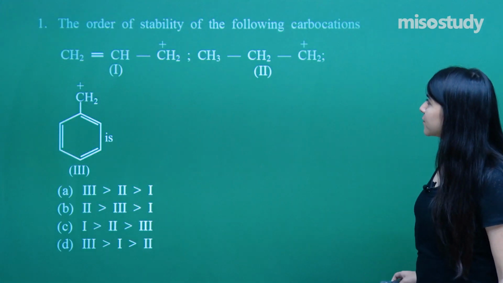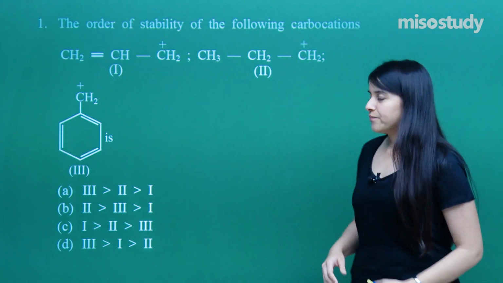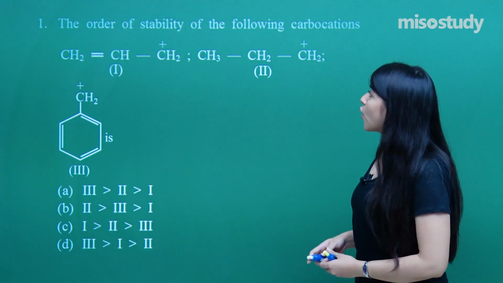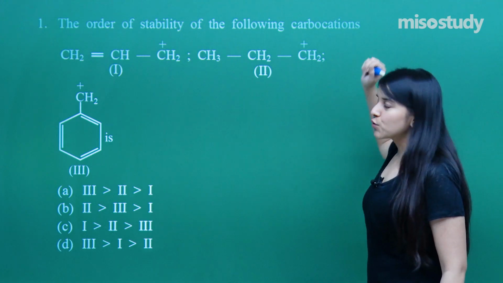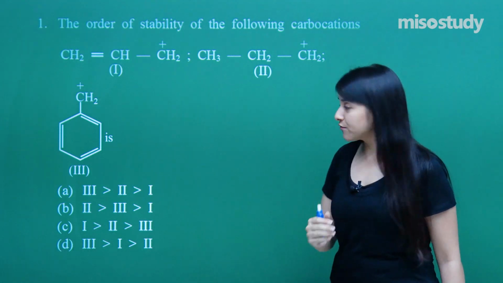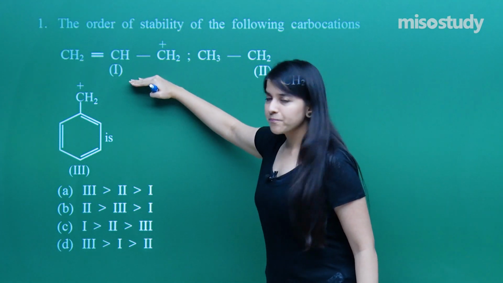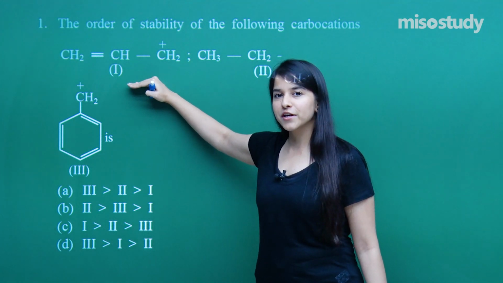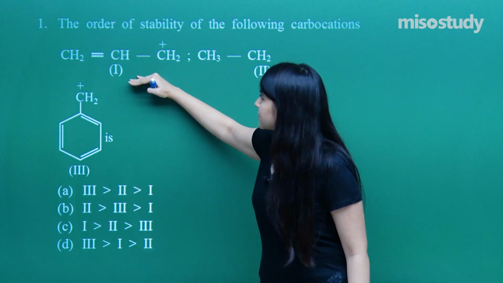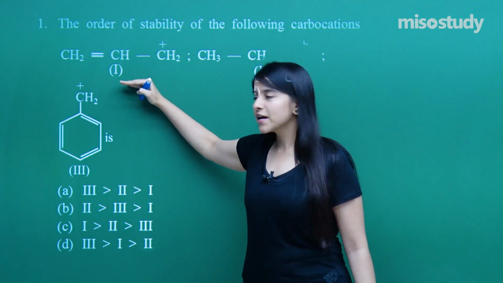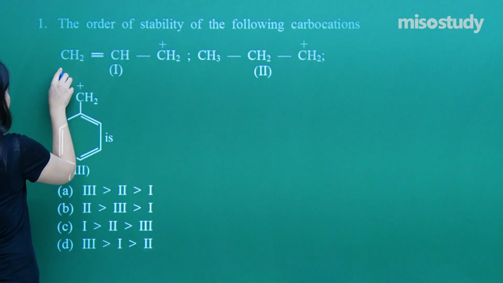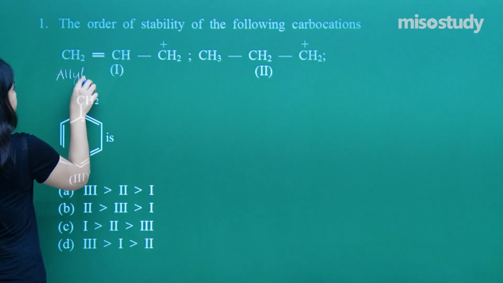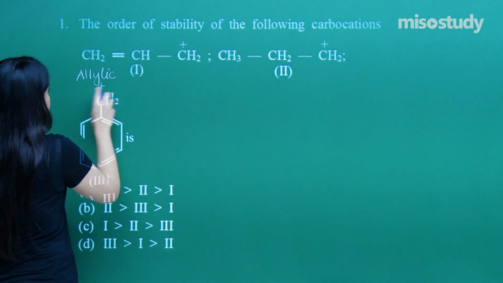What do we have here? The question says: the order of stability of the following carbocations. What kind of carbocations are we given? Can you recognize this carbocation? This is the allylic carbocation.